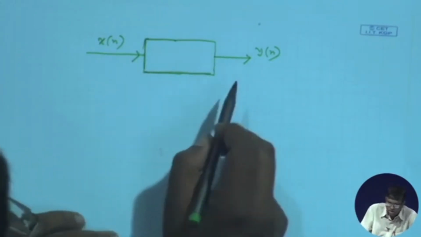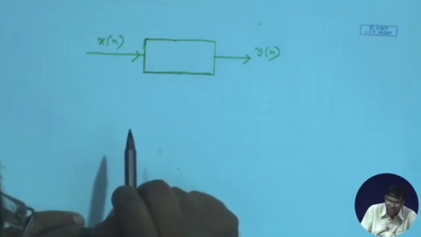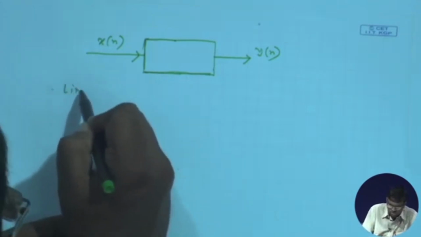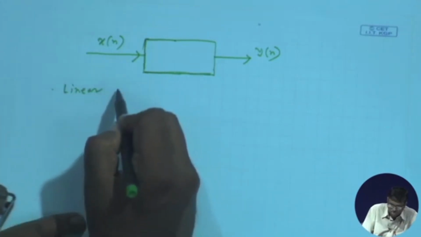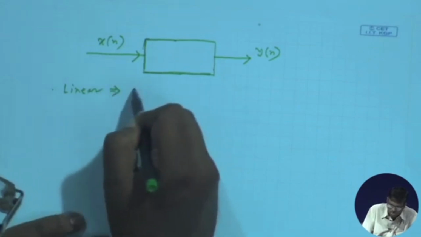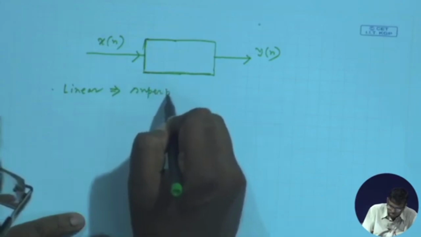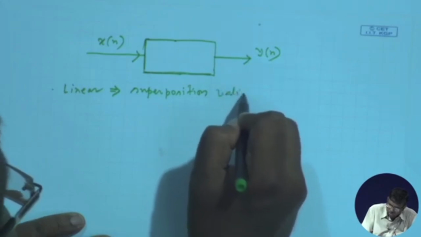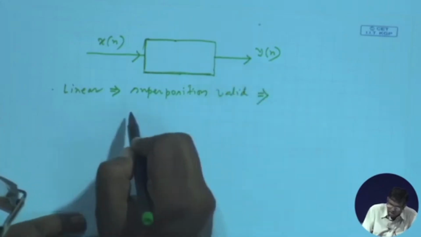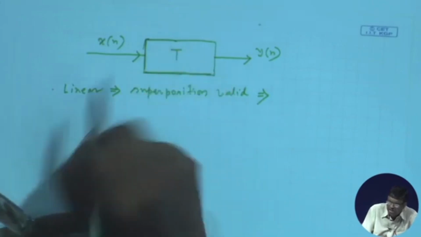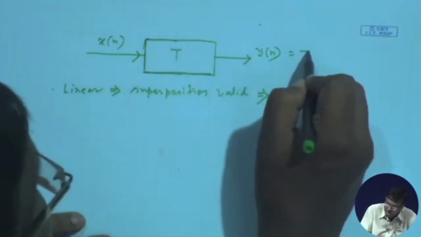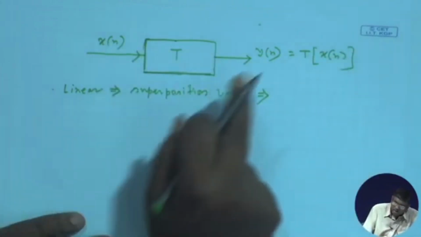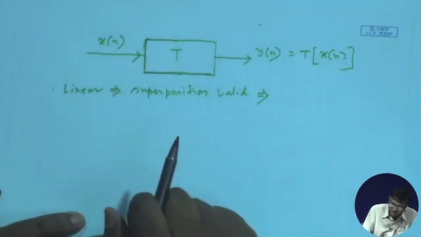Now, this system will be called a linear system if it follows the superposition principle. I denote the system by an operator T. This is not time, this is operator T. That is, y[n] is T working on an input x[n].